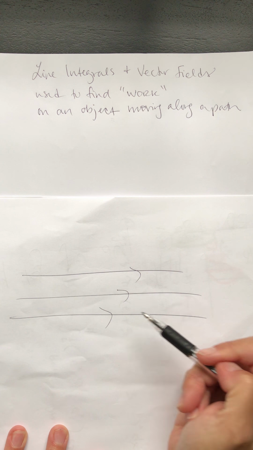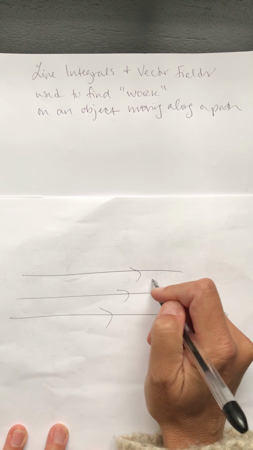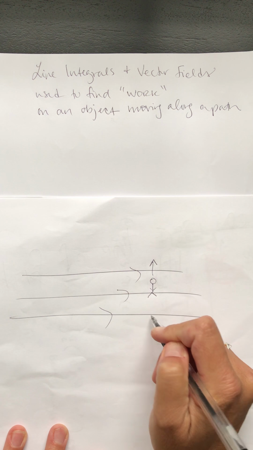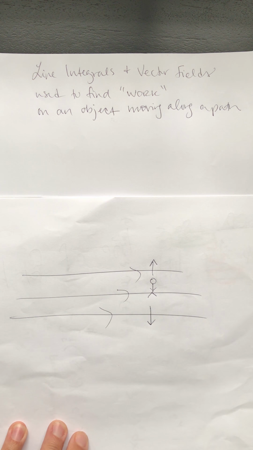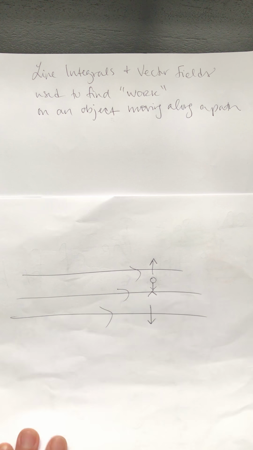If you swim against the current, the force is working against you. And you've all probably heard that if you want to get out of a rip current, you swim perpendicular to the vector field, right? And then it is not doing any work on you.